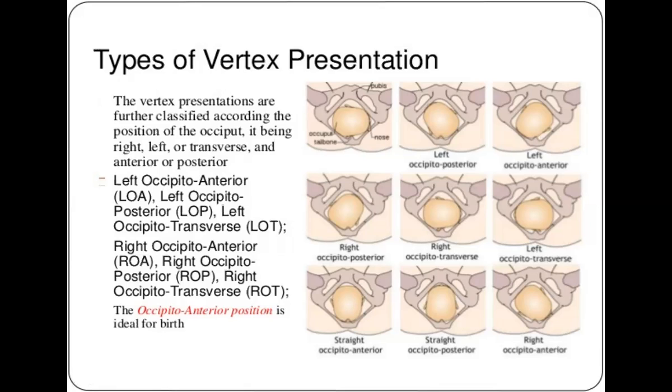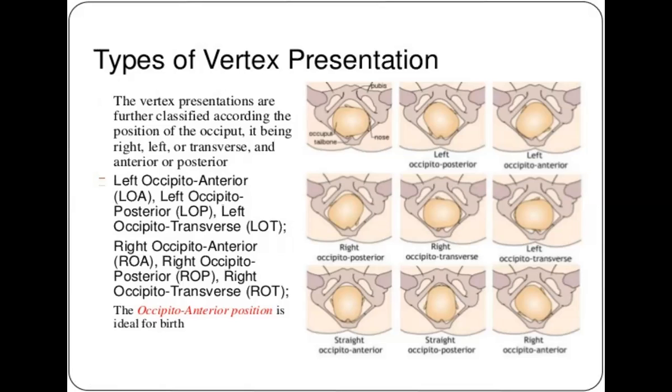If it is on the right side and anterior, that is right occipital anterior. Sometimes there may be a transverse lie also, as we see in the middle one, which is called right occipital transverse.